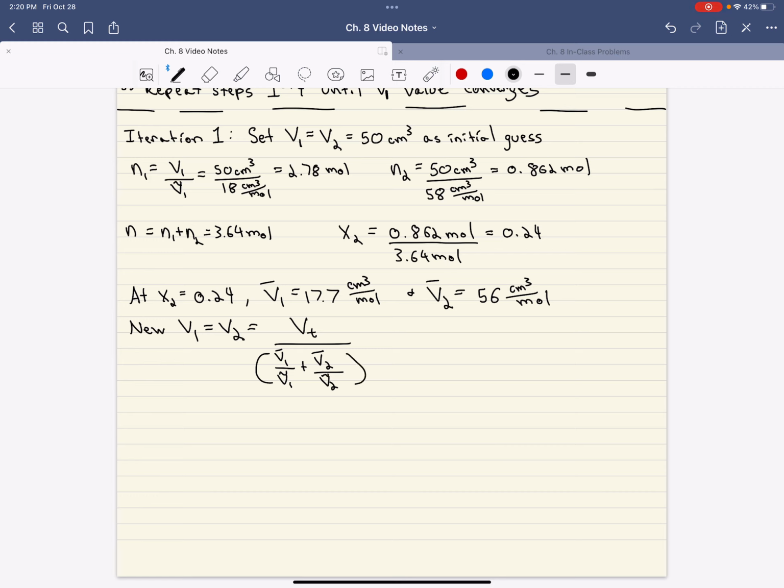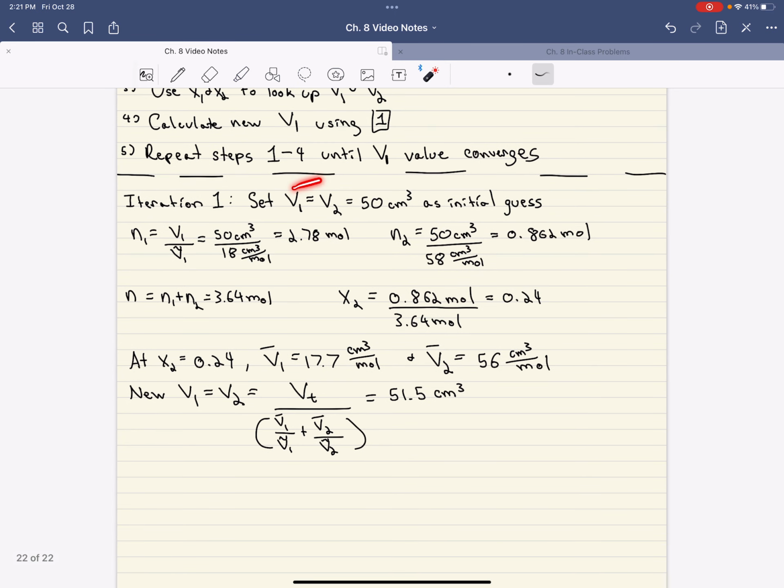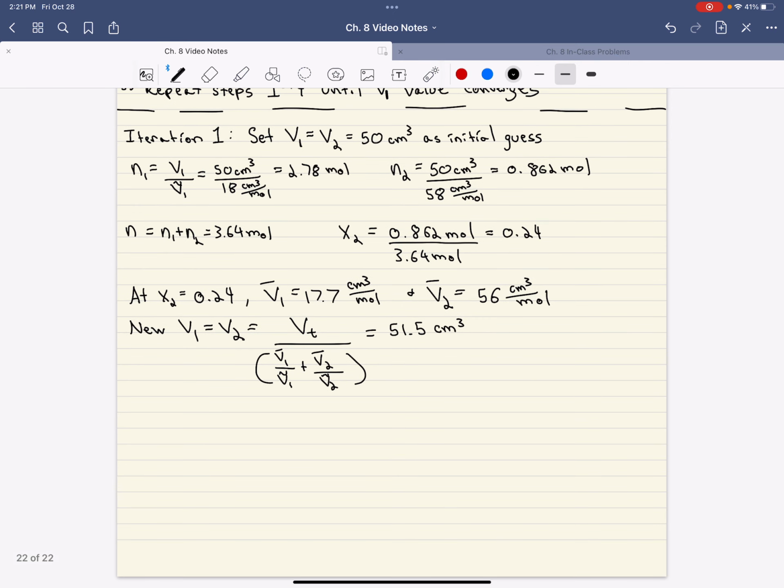If we plug in, we should get a value of about 51.5 centimeters cubed. Okay? So we see that, initially we guessed that V1 and V2 were equal to 50 centimeters cubed, but by going through all these equations, we now have a new guess of 51.5. Using that new guess, we could then start our second iteration.